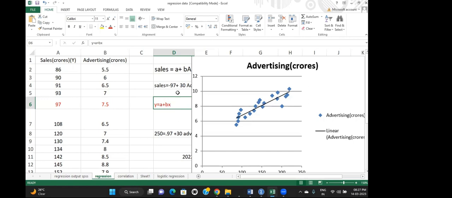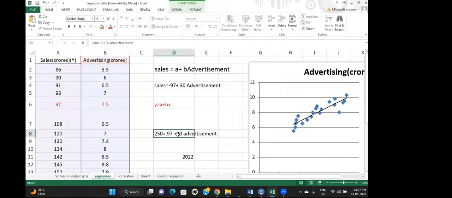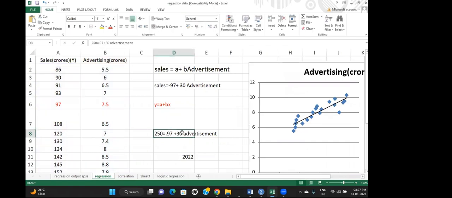So this is what the equation is, right? In the future, let's say this is the regression equation that we have got. We can estimate on the basis of this equation what will be the impact on sales if some amount, say 30 crores, is spent on advertisement.